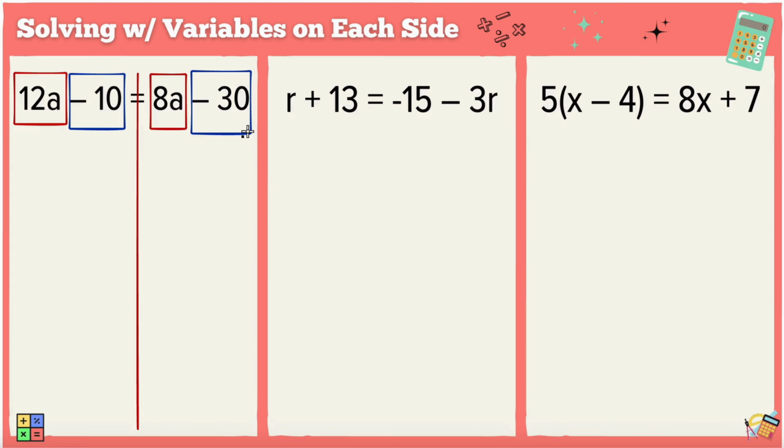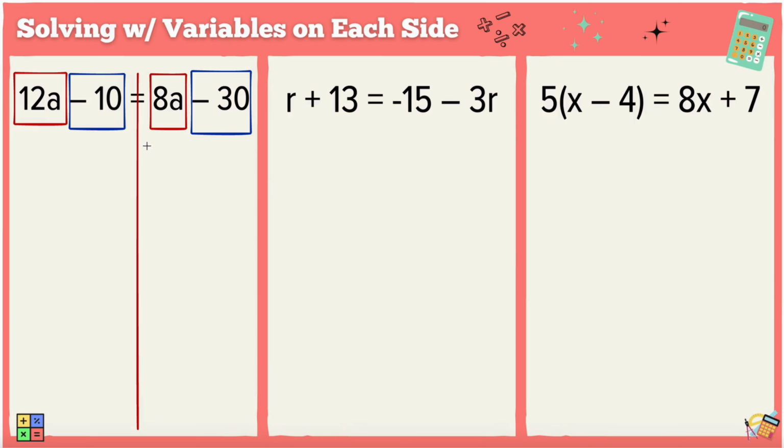What we want to do at this step is we see 12a and we see 8a as our variables. We want to make sure they are on the same side, but we can't just place them anywhere we want. We have to make sure mathematically we're moving things from one side to the other. So we want to identify which one is the smallest, 12a or 8a. Out of the two, 8a is the smaller of the two.